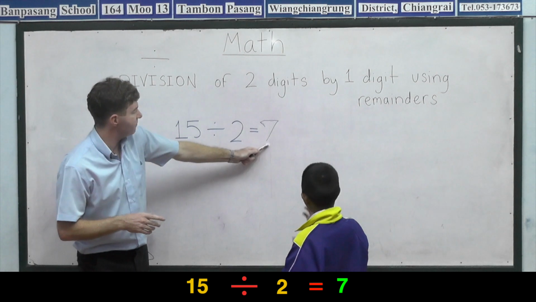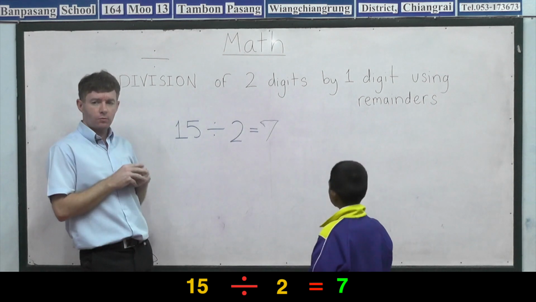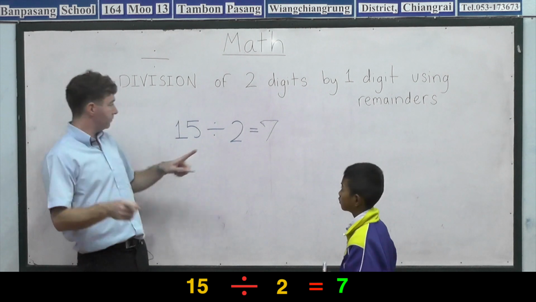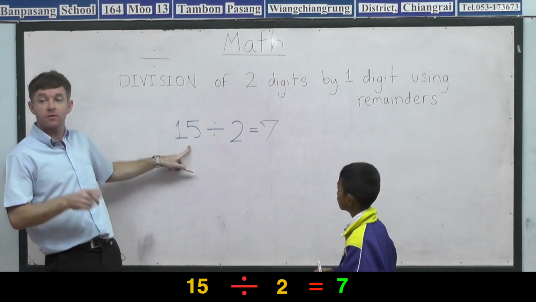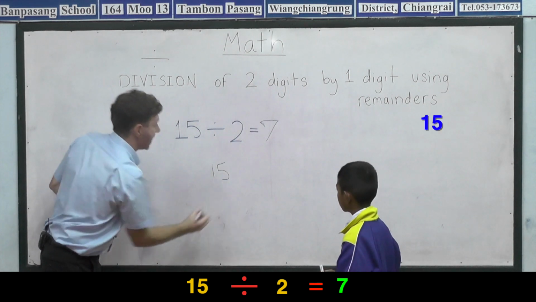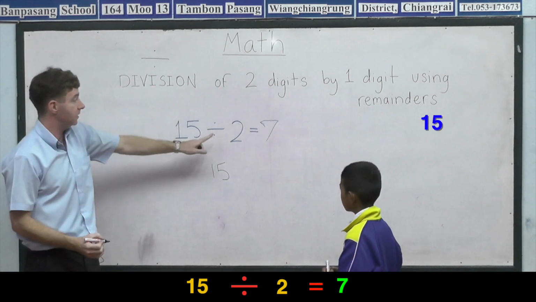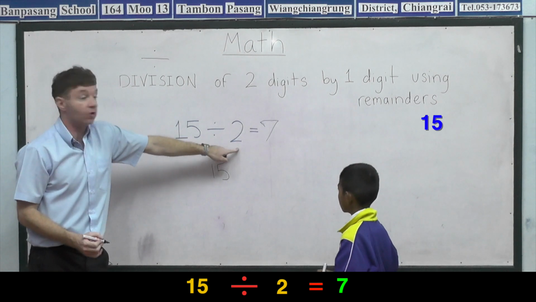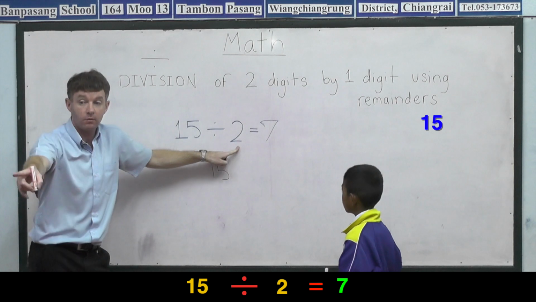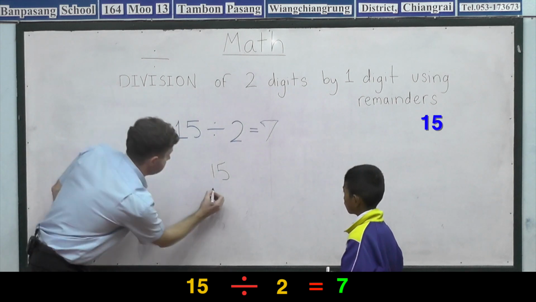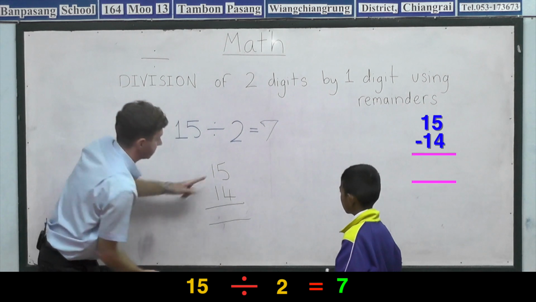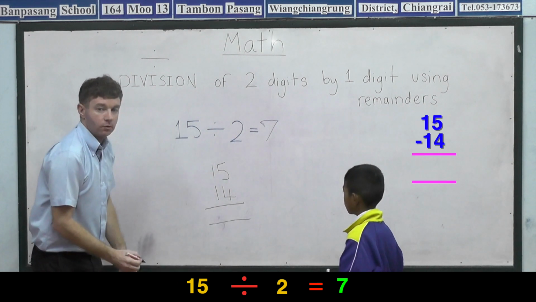What is 7 times 2? 14. But how many do we have? 15. So what we need to do is take the number we're dividing, 15, divided by 2 equals 7. So 7 times 2 equals 14.